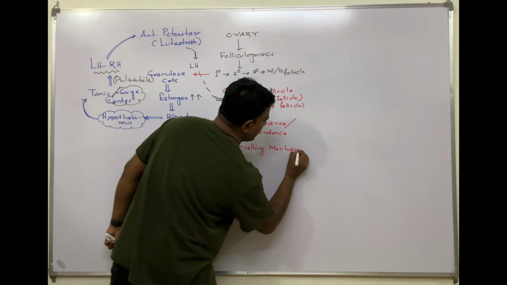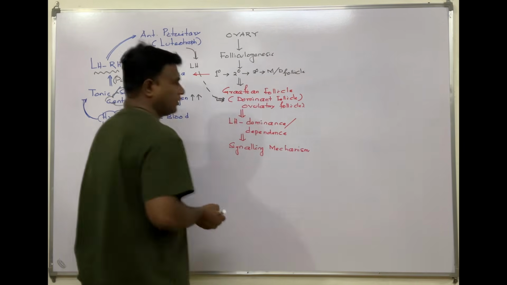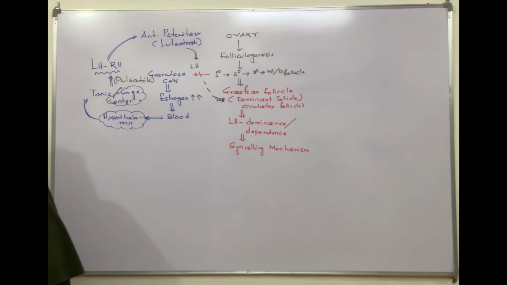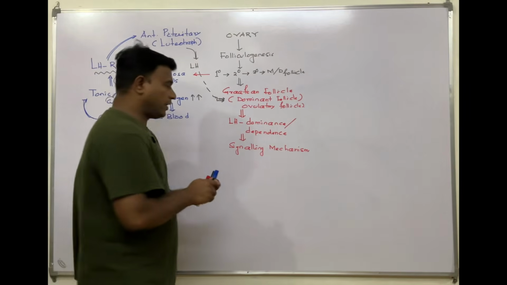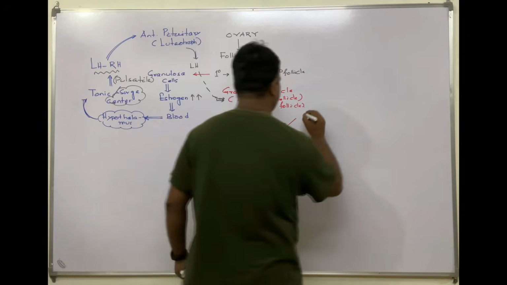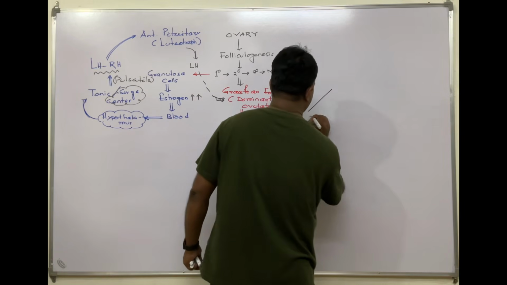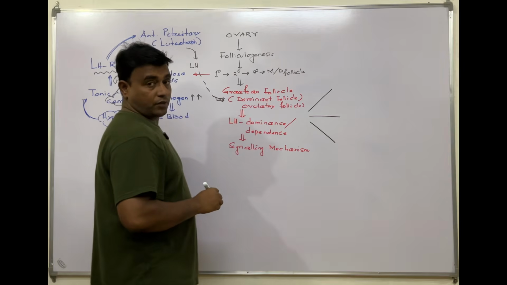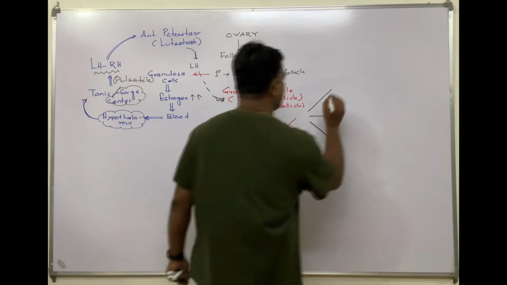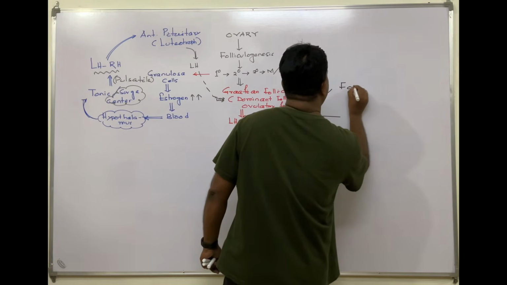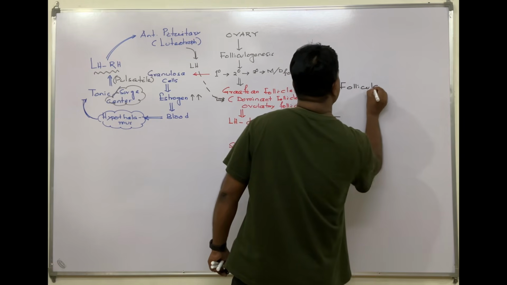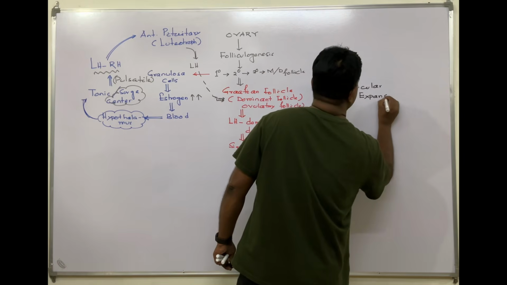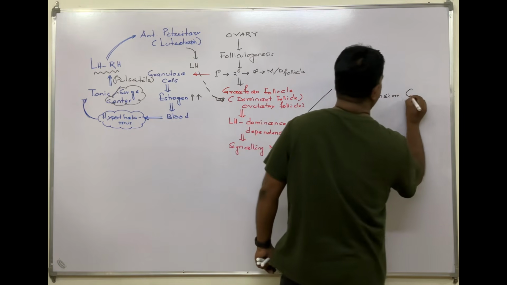Now understand what actually happens under the influence of LH. See my dark pen, that will express what actually happens. So this leads to three most important phenomena, and that's what is known as ovulation. That is follicular expansion. That means the size of the follicle increases.